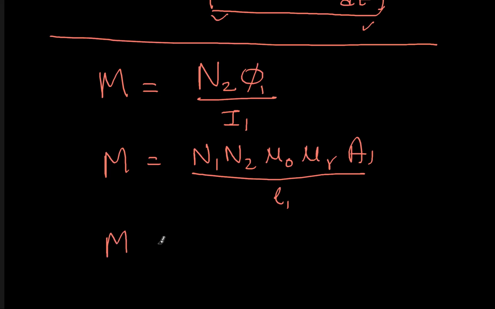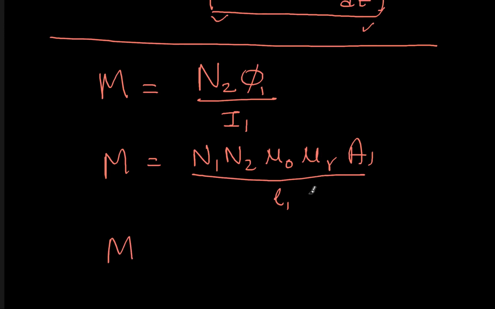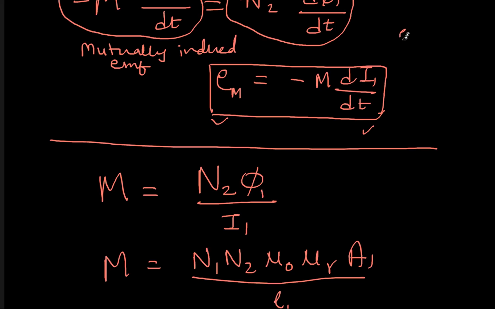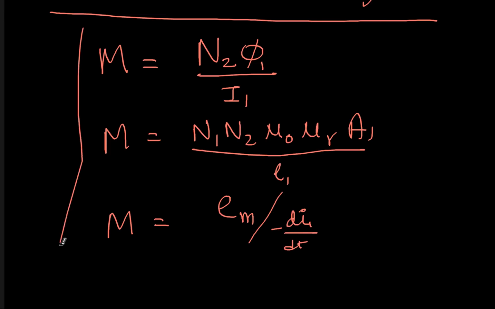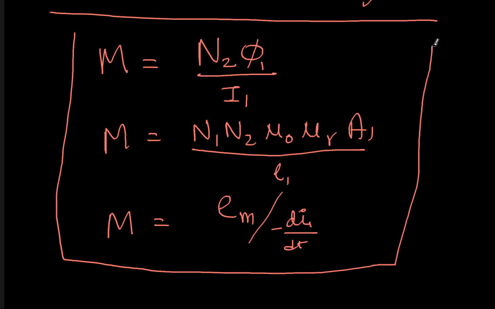Again, mutual inductance is the mutually induced EMF divided by minus di1 by dt. So these are the three ways to understand what mutual inductance is.